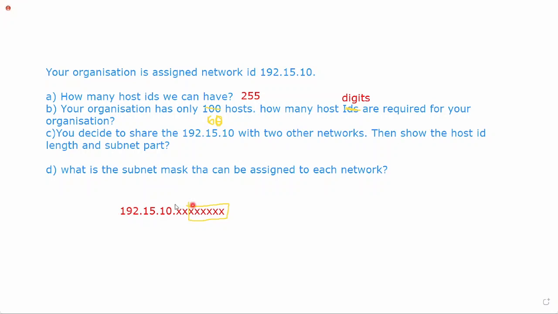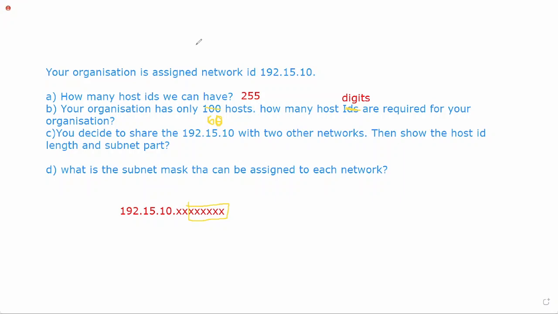But using these 2, you can convert this network ID. 192.15.10 is given and we cannot do anything with it, but we can change this part. What are the options we can have here?